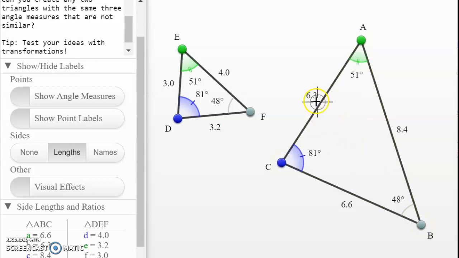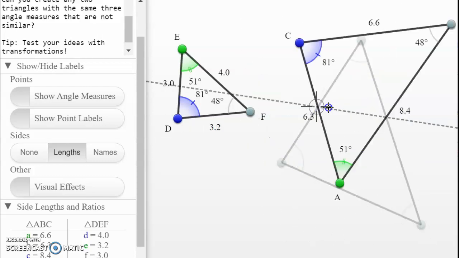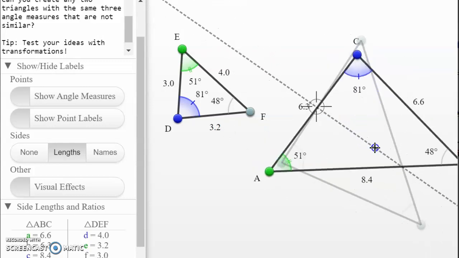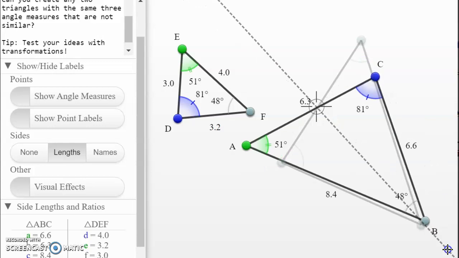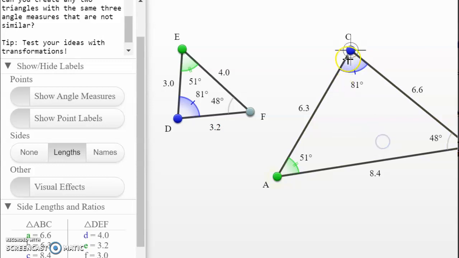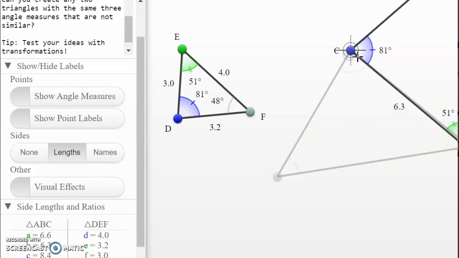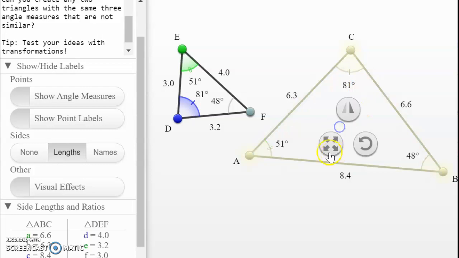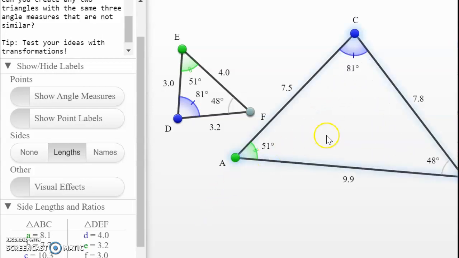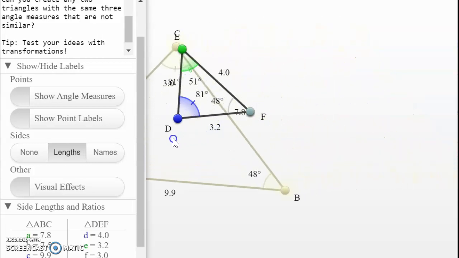I can reflect this along a line, and that dotted line is a line of reflection. I can reflect, or I can rotate by putting a center of rotation, or I can also dilate. That's the dilation. And if I just want to translate, I can move things like this.